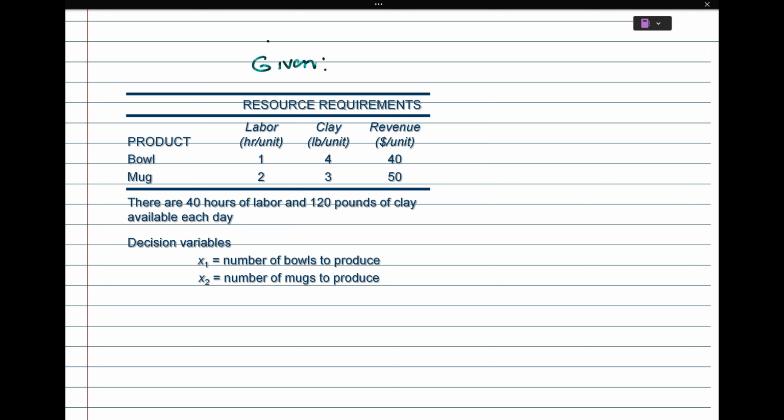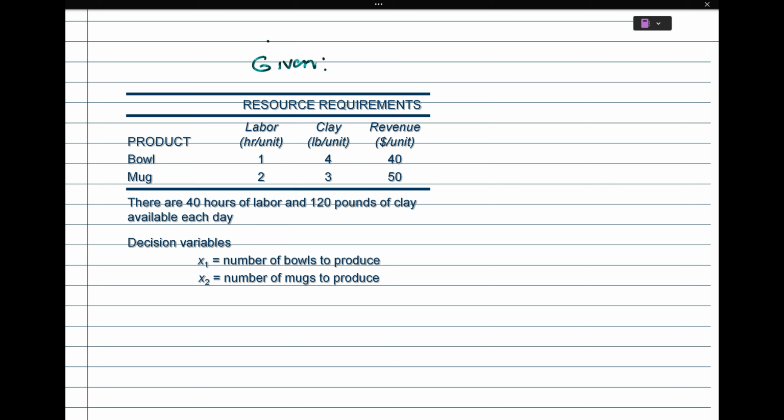The products are bowl and mug. For the bowl, the labor is 1 hour for every unit, there are 4 pounds of clay for every unit, and the revenue is $40 per unit.